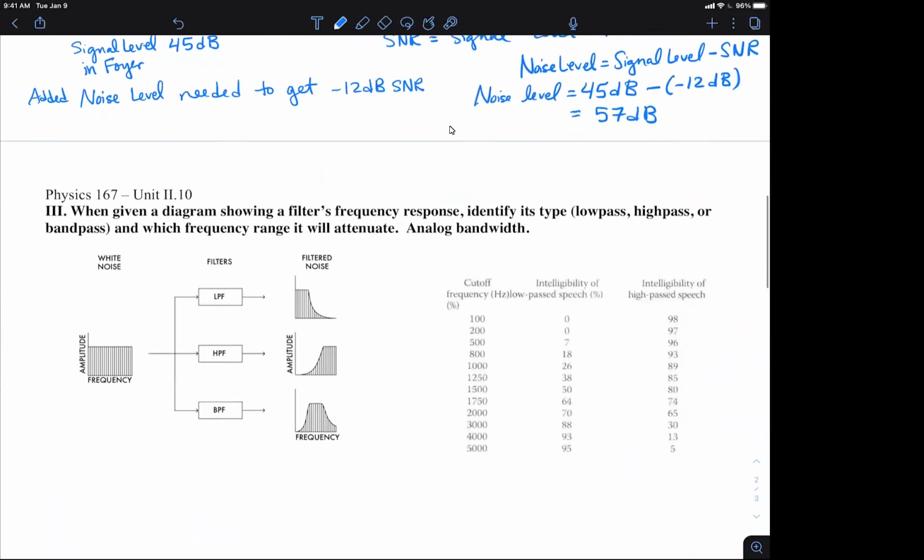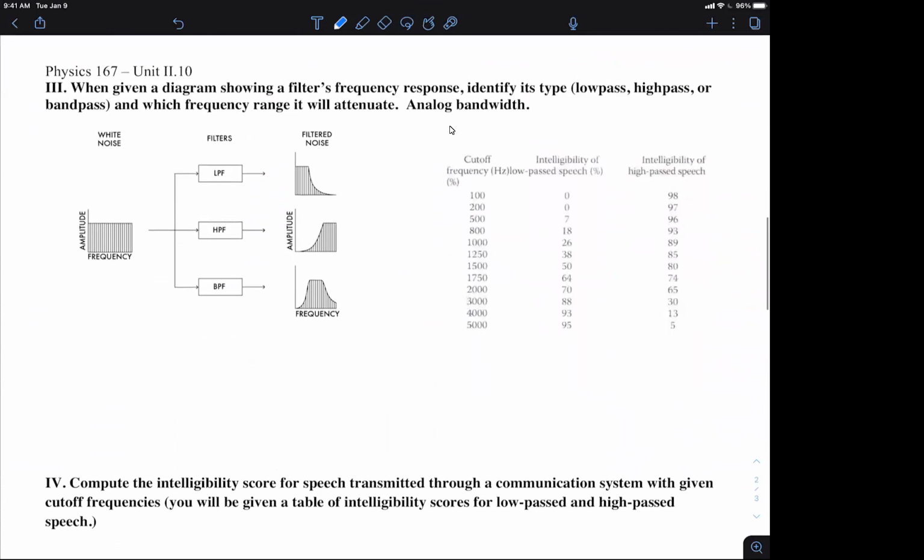Okay, so now with the filters and figuring out speech intelligibility according to the filters, the really important thing to remember is that low pass frequency filters pass sounds or frequencies less than the low pass filter cutoff frequency.